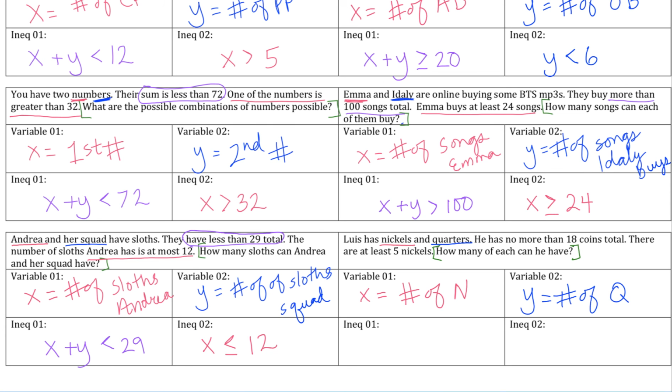It says he has no more than 18 coins total, and there are at least 5 nickels.